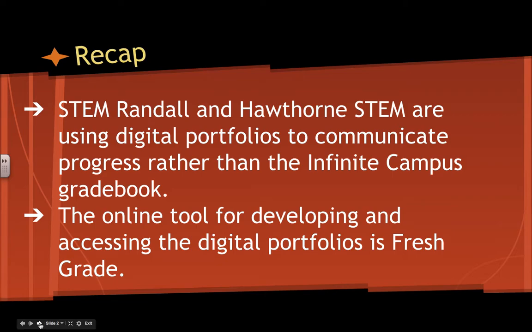As you may remember from a video from earlier in the school year, our K-5 STEM campuses will be using a digital portfolio to give feedback to student families regarding student learning this year. There are several reasons for this. The most important being that a traditional gradebook did not support our proficiency-based progress work.